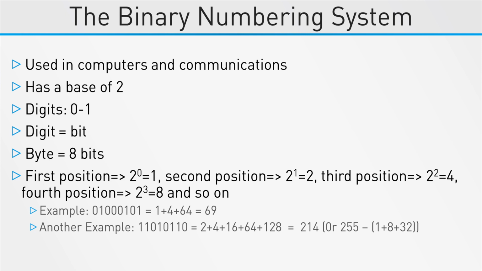And here we have more ones than zeros, so we can just subtract the values corresponding to zeros from 255, which is the value of a byte of all ones. So here we have 1 plus 8 plus 32, which equals 41. If we subtract that from 255, then we get the same result of 214.